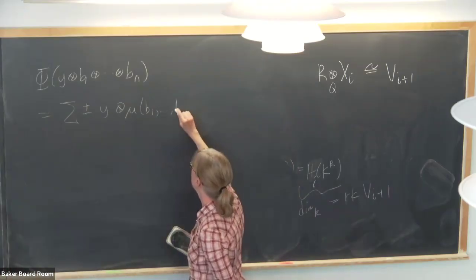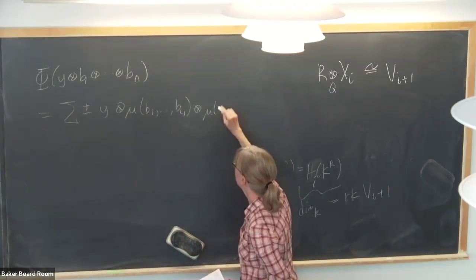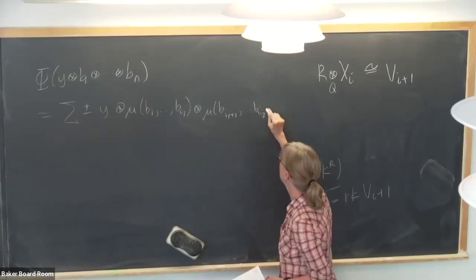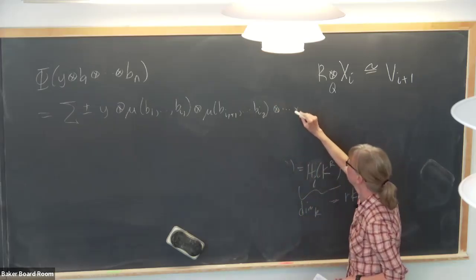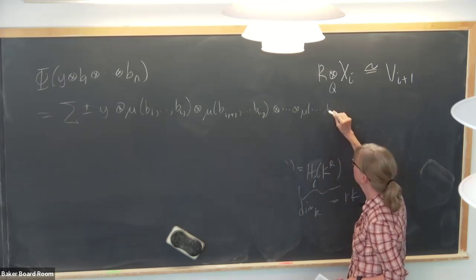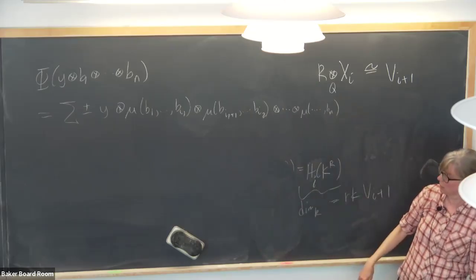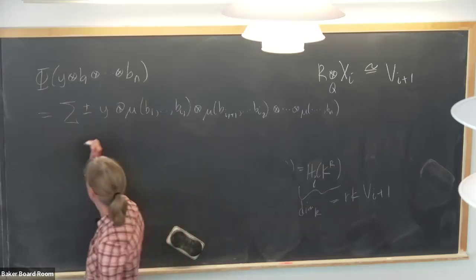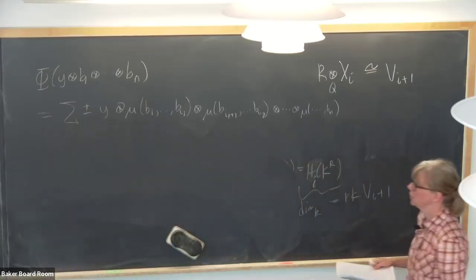So I'll just go up to B_i1. Tensor, the Massey operation of B_i1 plus 1 up to B_i2, and tensor, and then you keep going until you run out of stuff, mu of some stuff up to Bn. So you take all the B's, divide them up into subsets, because I mean to pick a partition, and apply all these lifted Masseys to them, over all partitions, and that's the map.